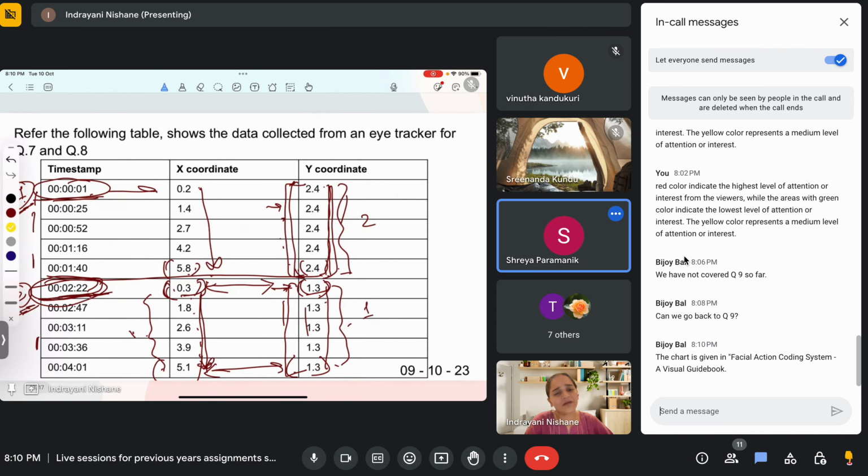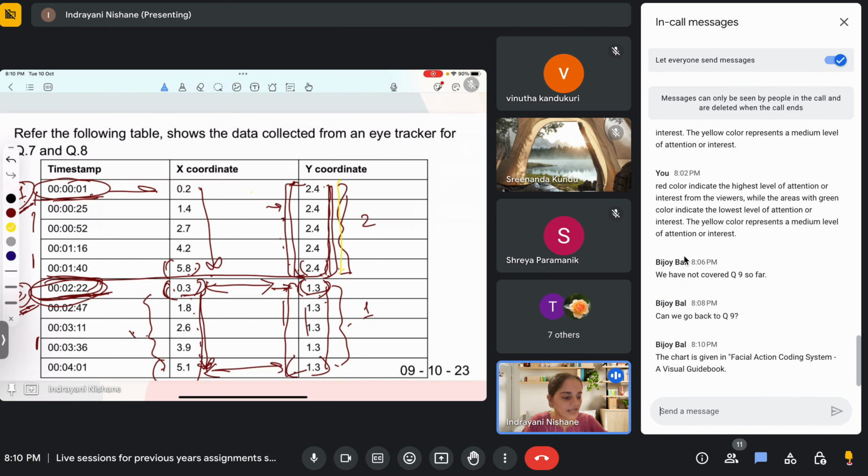I explained this four times already. What is there not to understand? These are just x and y coordinates. Forget about the eye tracker or everything. It is just x and y coordinate. So this y coordinate is constant, that means our eye is moving slowly. There is a gradual movement. So saccade is a gradual movement.